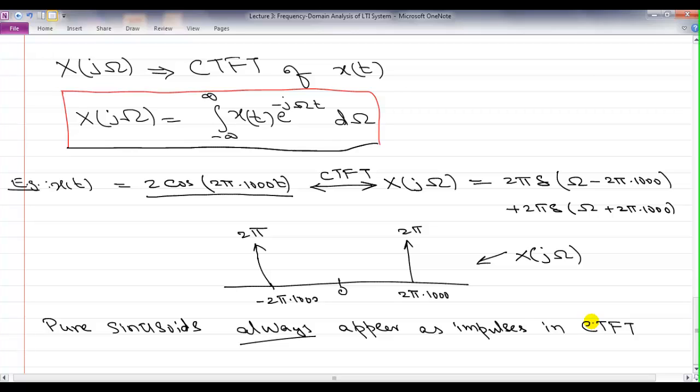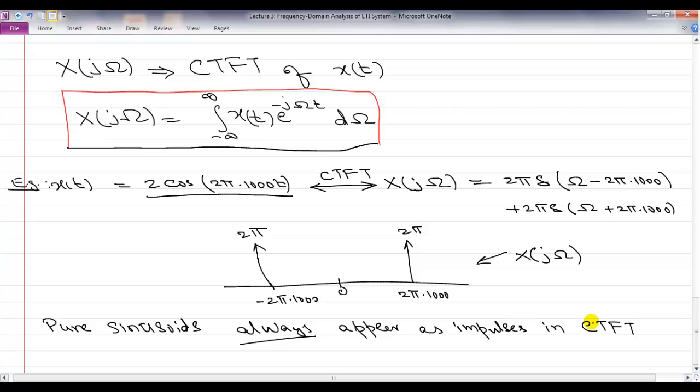Or if you are playing piano and you are worried that a note does not have the right frequency, if you had a way of writing the output of that piano as a mathematical expression and computing its continuous time Fourier transform, you could look at the locations of the impulses in your Fourier transform and say whether this piano is really playing the right tone or not.